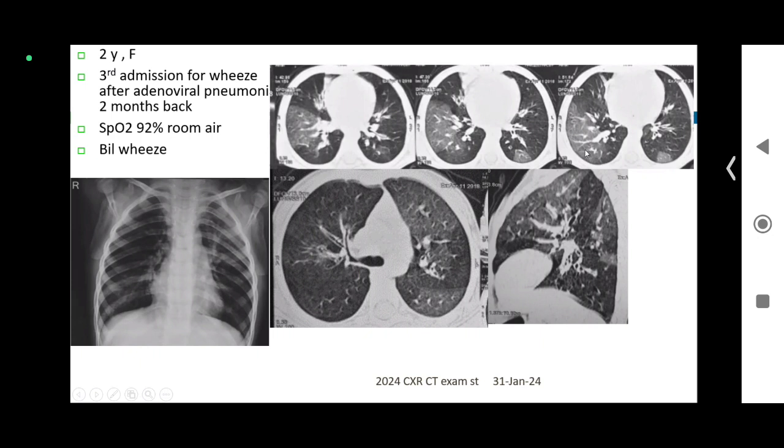You are able to see through it, but it is a ground glass appearance, mosaic pattern. All these indicate there is evidence of interstitial pneumonia in this child. Okay, this can happen after adenoviral infection. We call this post-infectious bronchiolitis obliterans. If they give a history like adenoviral pneumonia and then a CT film like this, then you call this post-infectious bronchiolitis obliterans, PIBO. Okay, there may be multiple treatment trials, but steroids form the mainstay.